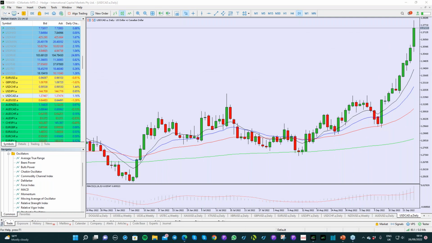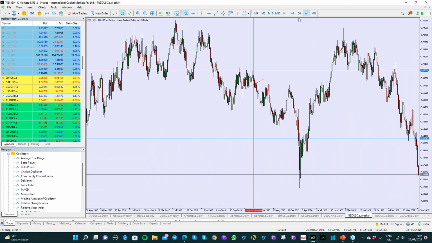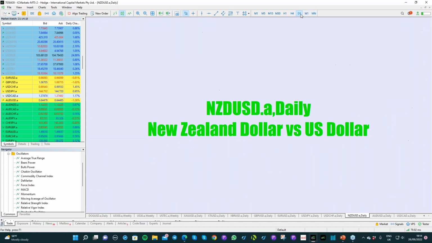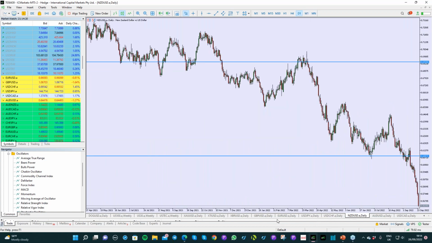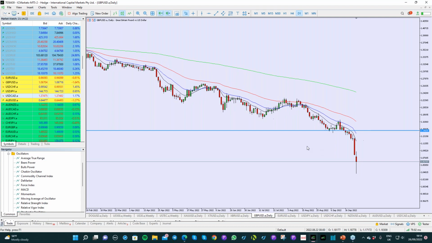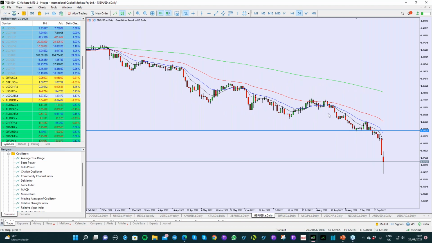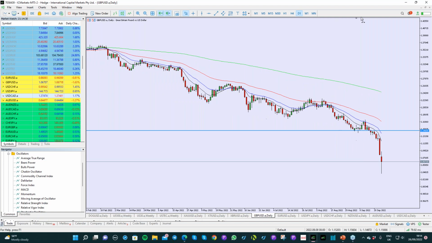So just to cover the opposite then, let's find something that is in a downtrend, for example. Something that's in downtrend, let me find something that I've got moving averages on the chart for. So cable, pound against the US dollar. This is something that shows us an example of a downtrend.